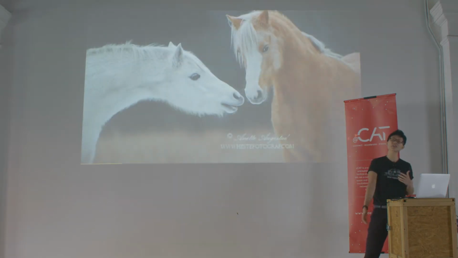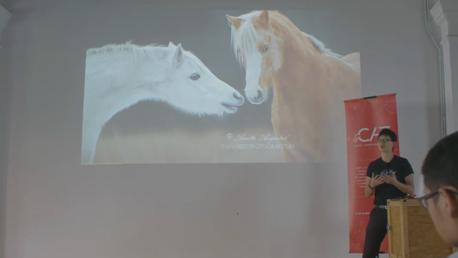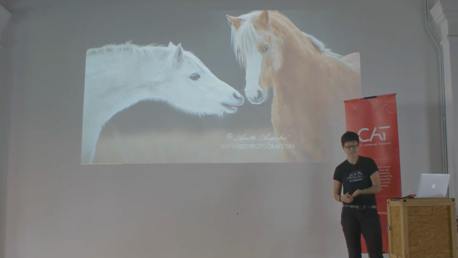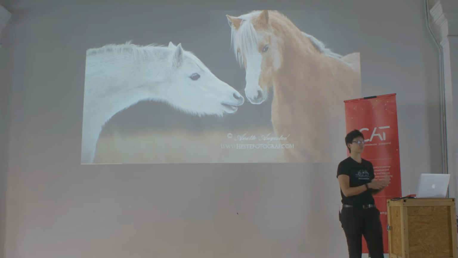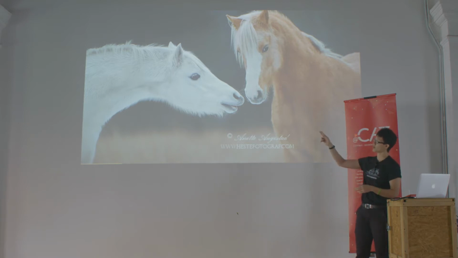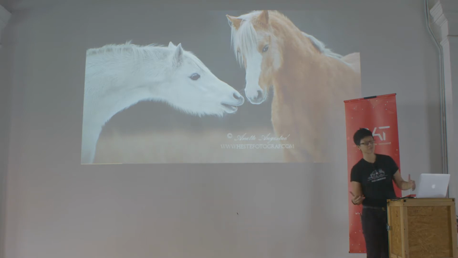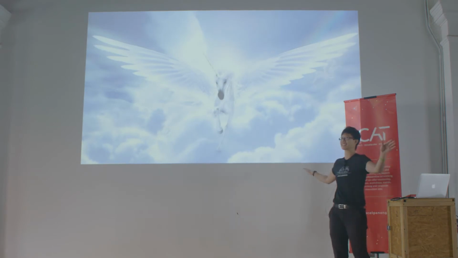But when we encounter something completely new like the web, we tend to want to reconcile it with something we're already familiar with. In this case, the closest thing we had to web was print. And yes, there are lots of similarities, but it's not like the similarity between a white pony and a brown pony. It's more like the similarity between a pony and a unicorn with wings.